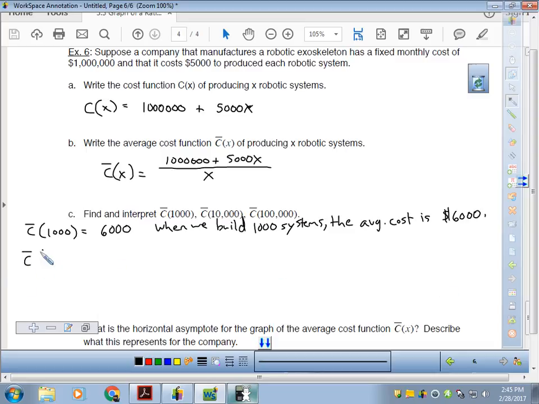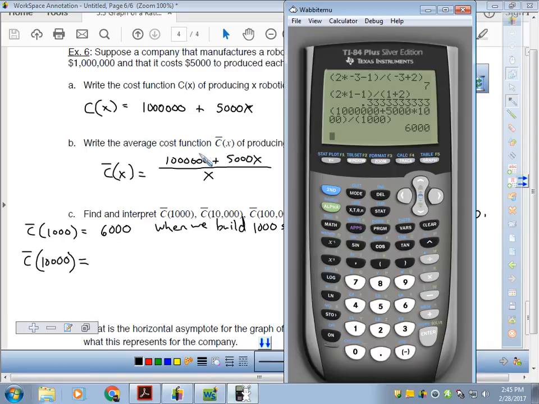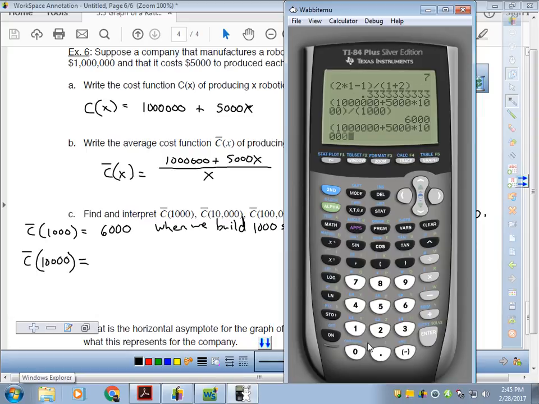Alright, let's look at 10,000. What if we build 10,000 of these systems? So I'm going to have 1 million plus 5,000 times 10,000. And then we're going to divide that by how many, which is 10,000.